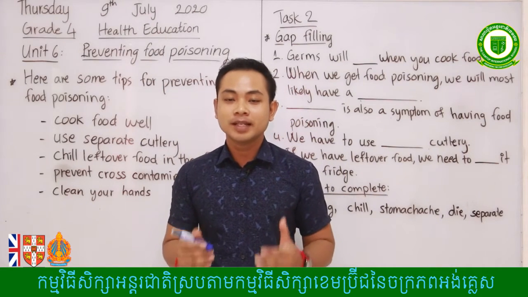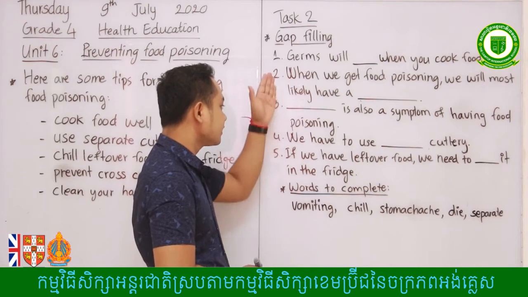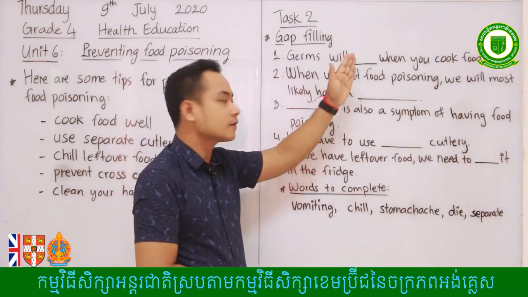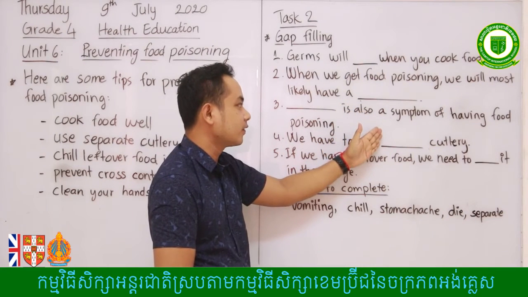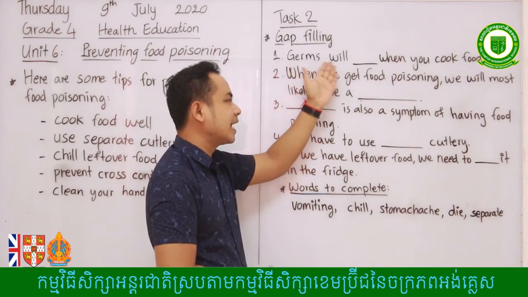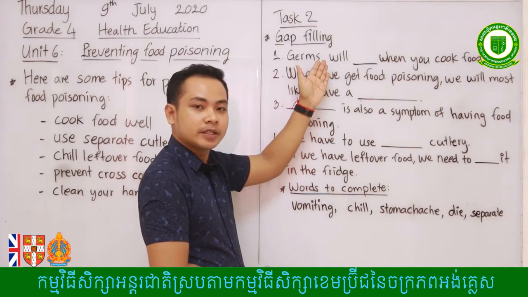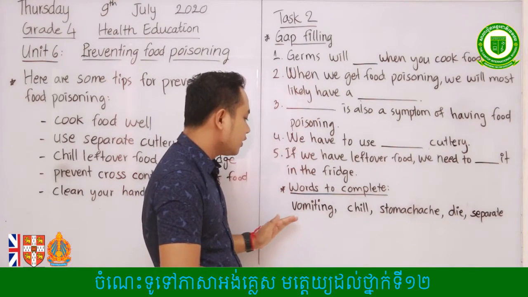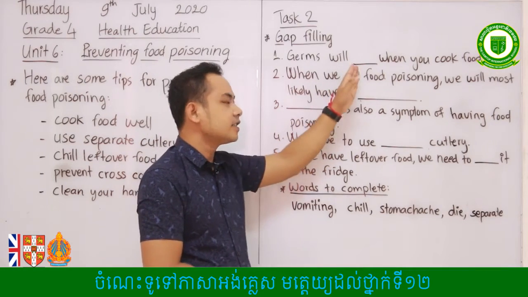So right now, please take a look at the whiteboard. There are 5 sentences and there are also 5 blanks in these sentences. Each sentence has 1 blank or 1 gap. What you are going to do is use these 5 keywords to fill in each blank.